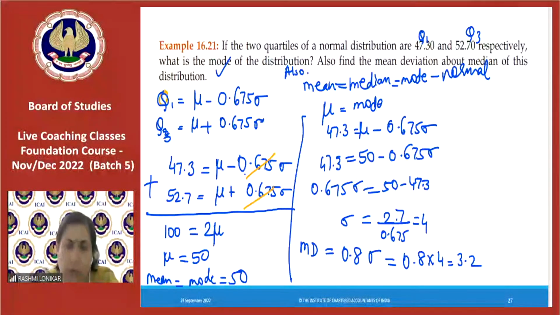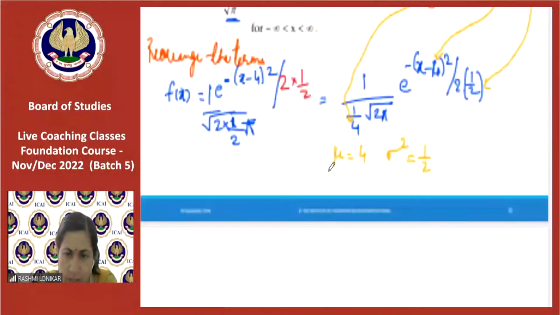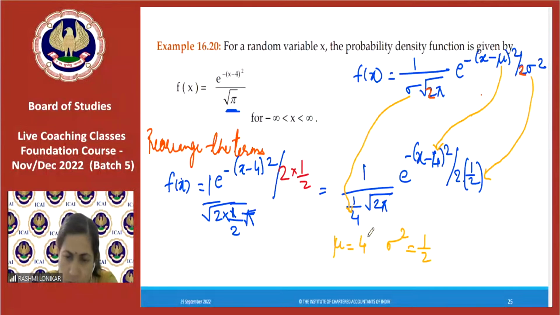Yes, you can do that also. You can do one and the same thing over here. This is also sigma. Sigma is 1 by 4. Here also we have 2 sigma square, so sigma square is 1 by 2. So sigma will be the square root of this thing.